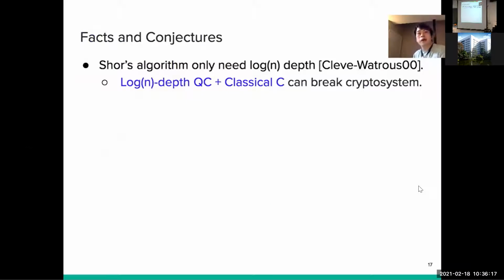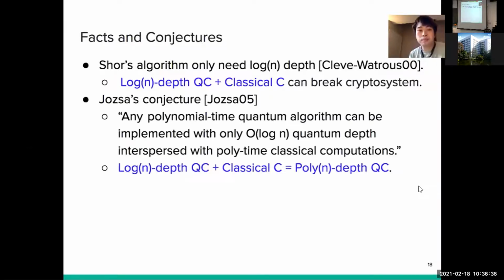Okay, and I want to tell you some facts and conjectures about this question. First, Richard Cleve and John Watrous in 2000 proved that Shor's algorithm only needs log n depth. So it implies that you only need a log n depth quantum computer plus a classical computer to break cryptosystems.